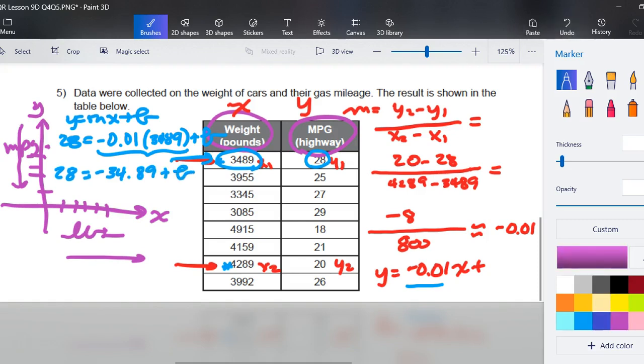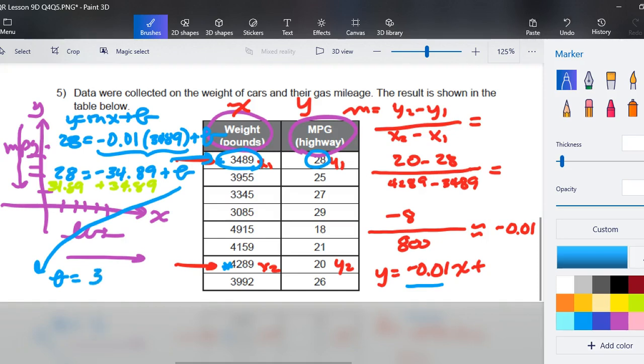We have one last thing to do to solve this equation, and that's to add our 34 to both sides. So we're ultimately getting that our b is worth 34 and 89 hundredths plus 28.